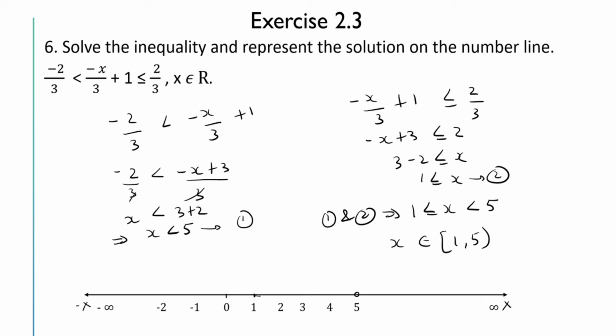It is this part. Or let me change the color. So this is the solution for the given inequality. I hope this is clear.